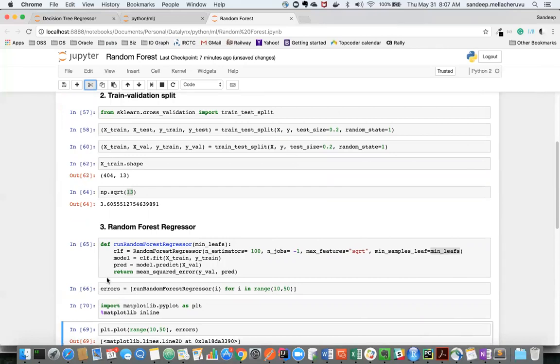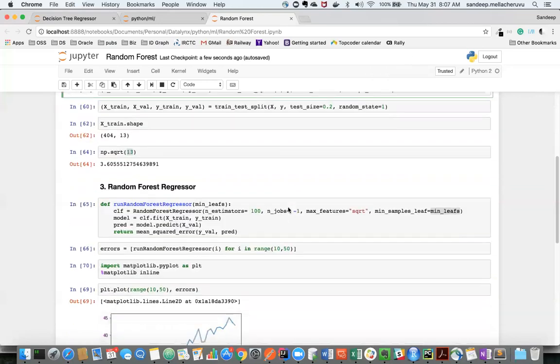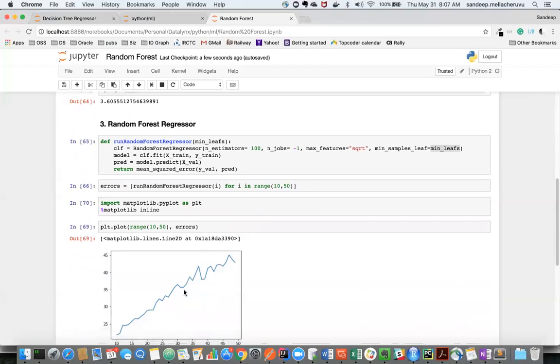Yes. Now, if you remove the random state and run it again, I'm not showing it now. You try it and tell me if there is any difference in this graph. There will be some difference, obviously, but it won't be too much. That's what my intuition or my theory is saying.